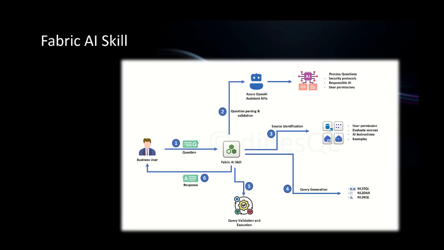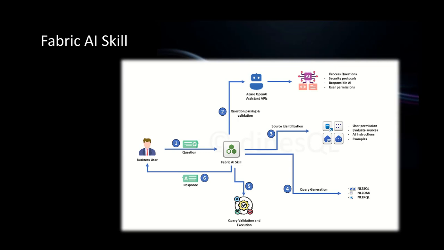How long does it take to configure this? A couple of minutes. It's all about deciding what tables to be used in your lakehouse or warehouse or semantic models or KQL database. And then you need to think and add some instructions. It is always better to add some examples. So let's say 5 to 10 minutes, everything is done.